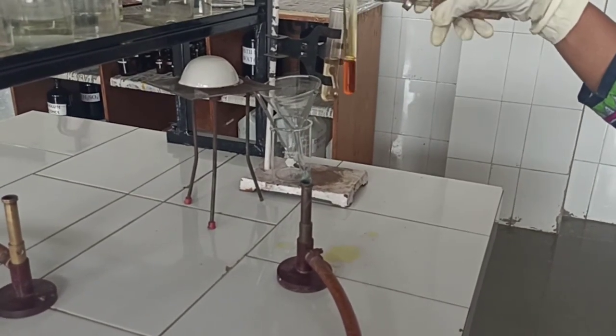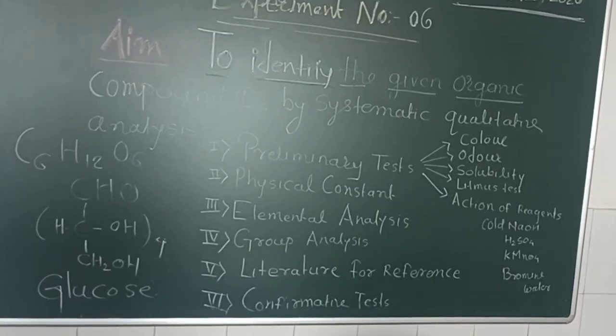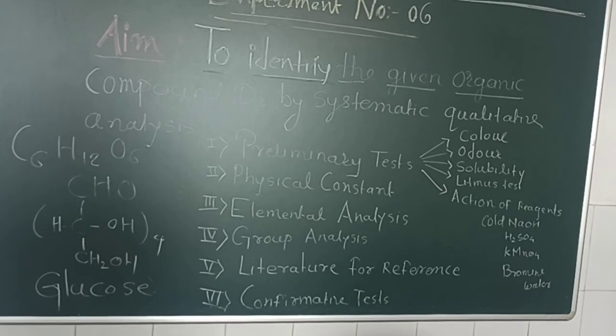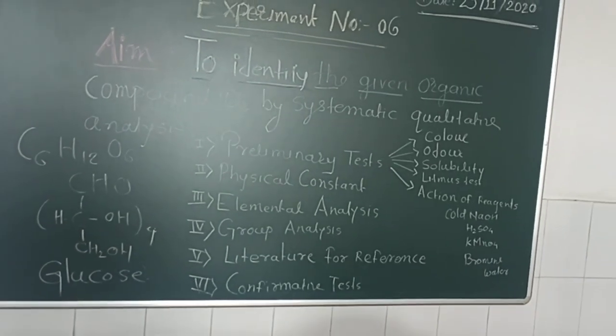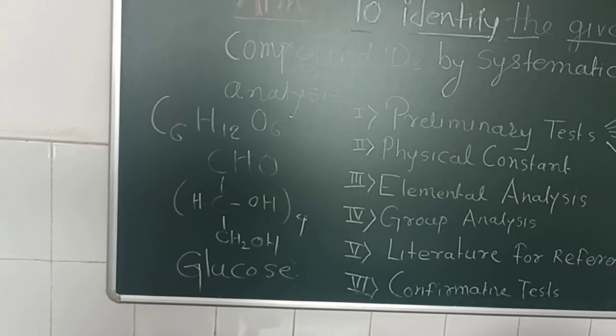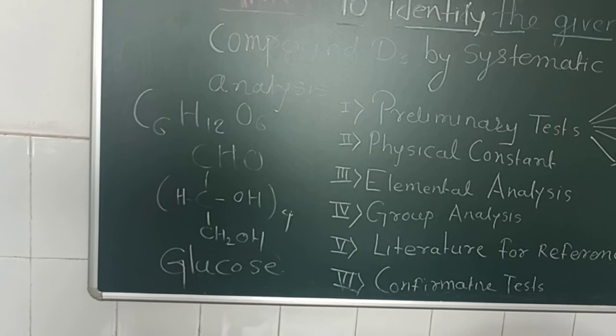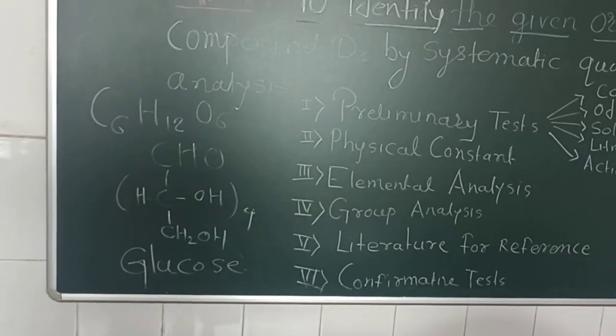That means glucose is confirmed. After performing the confirmatory test, we conclude that today's unknown compound is glucose. See the formula for glucose, C6H12O6, and the structure of glucose. It is a sweetening agent.